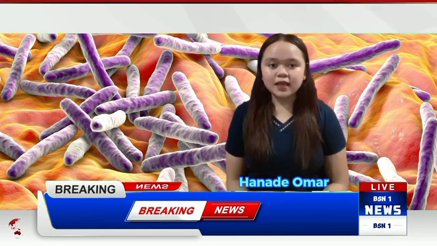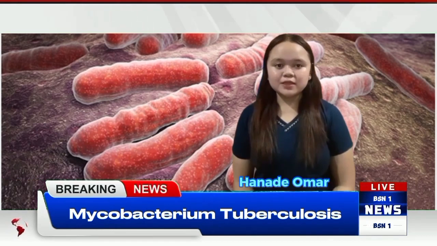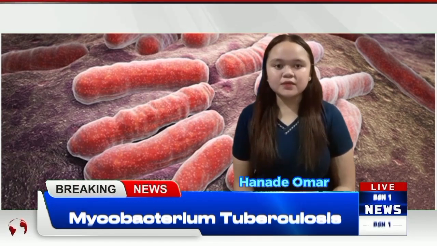Animal models are used to study tuberculosis pathogenesis, drug efficacy, and vaccine development. Mycobacterium tuberculosis triggers specific immune responses in the host, and understanding this interaction is important for developing diagnostics and vaccines.